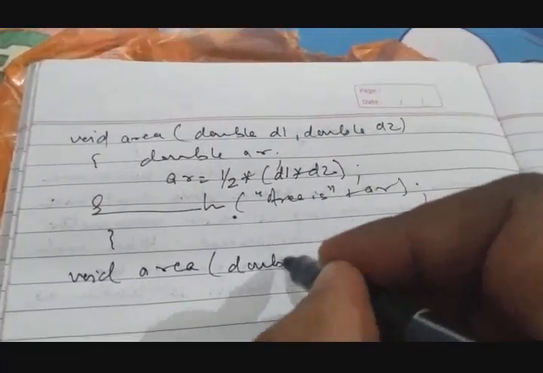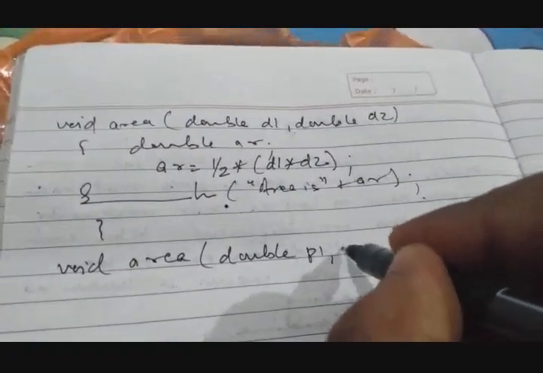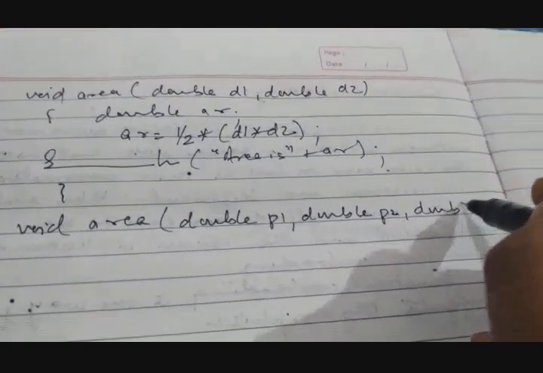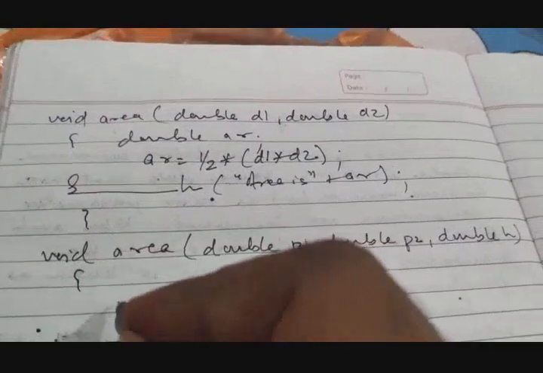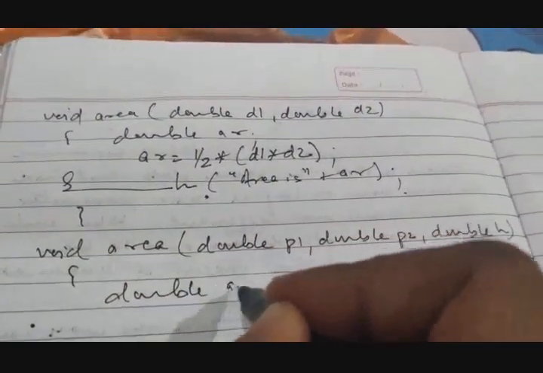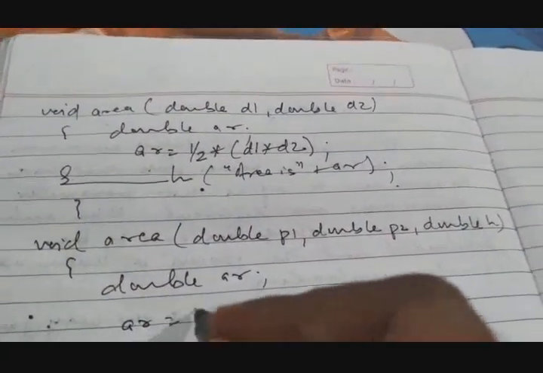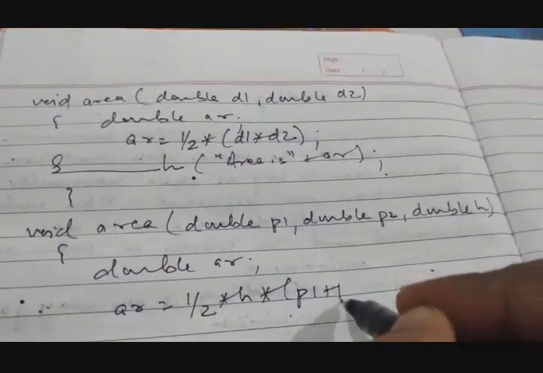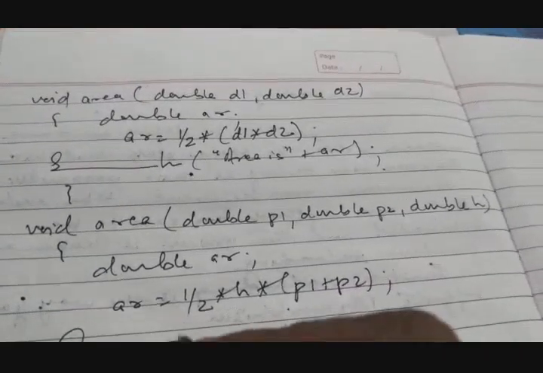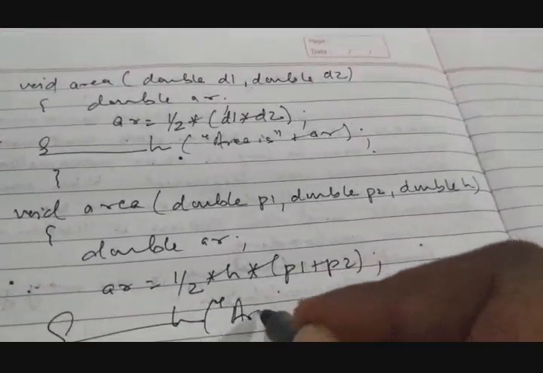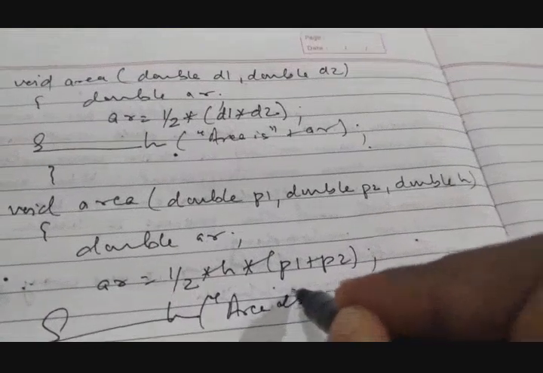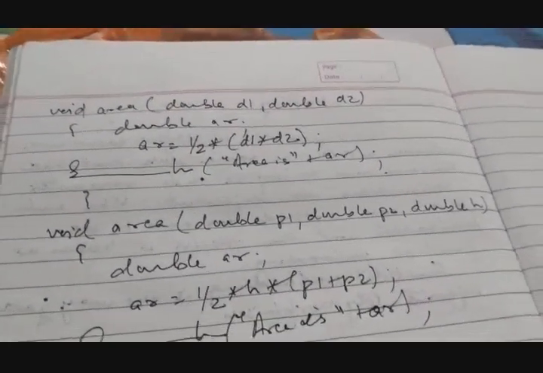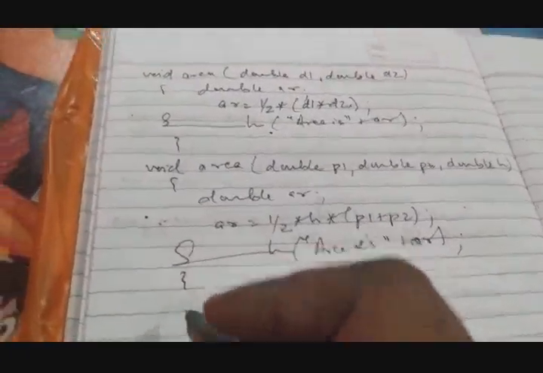Now double p1, double p2, double h, so double ar equals to half into h into p1 plus p2. Print area of trapezium is plus ar. Close.